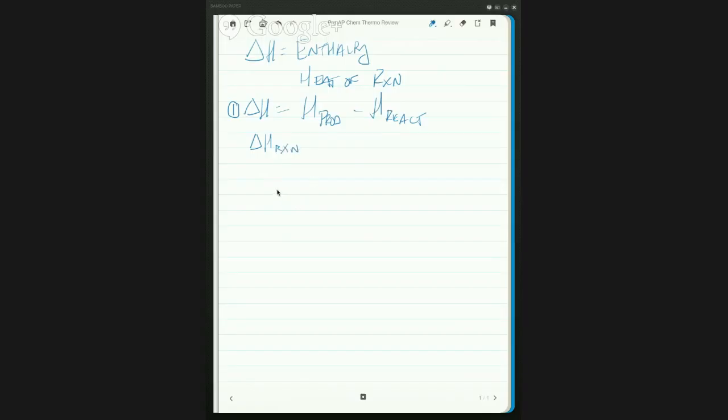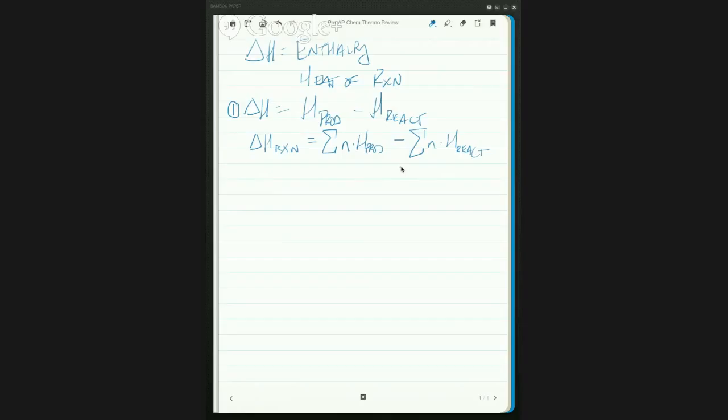Okay, and that's the overall delta H of the reaction, which is equal to the sum of N, which is the moles, times the H of the products, minus the sum of the number of moles, the coefficient, times the H of the reactants. Okay? So that's kind of an extension off of this.